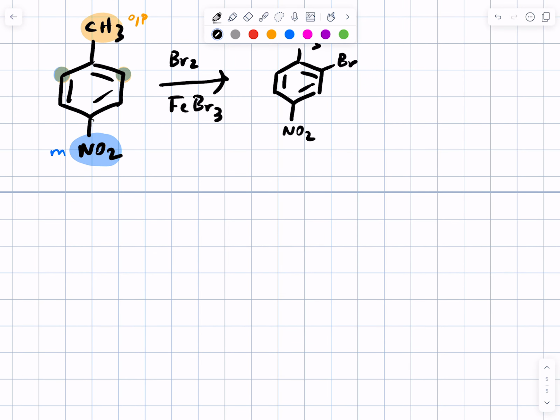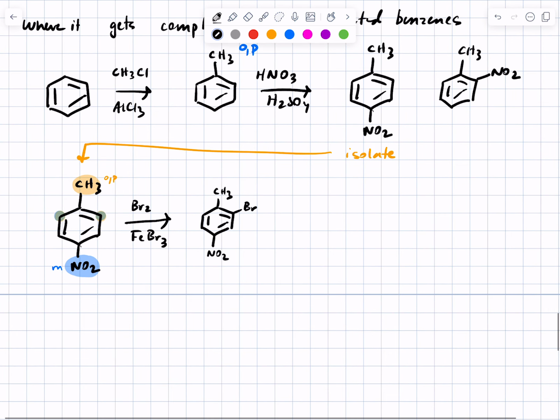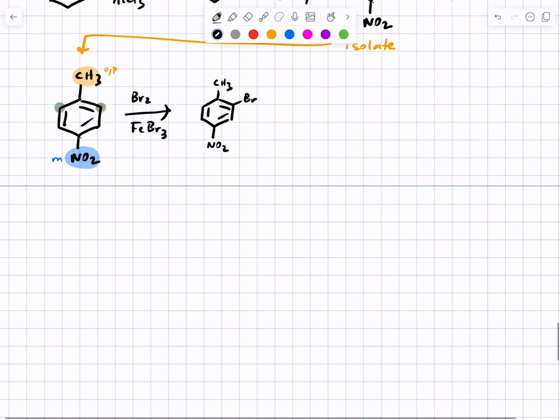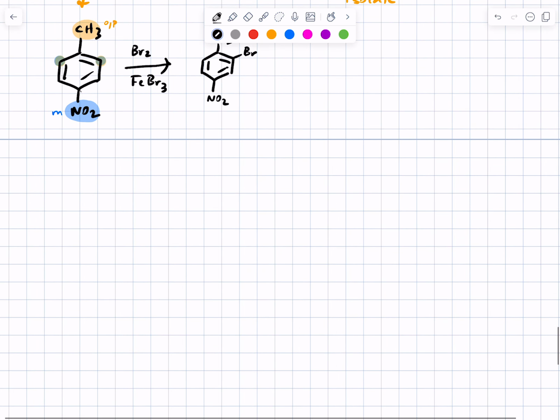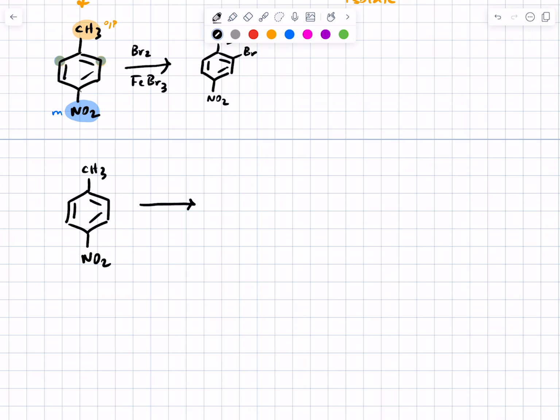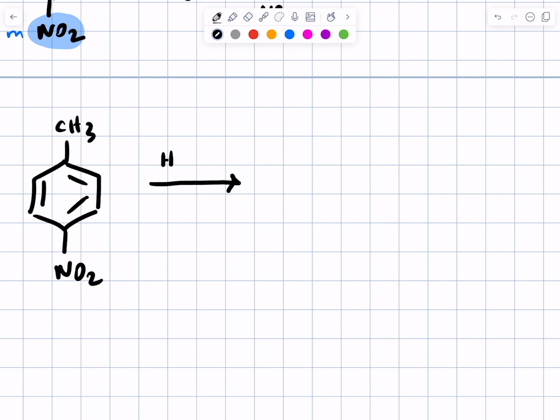Of course, you can envision situations in which the groups might be in conflict. So let's suppose you take this para-nitrotoluene, and for, again, some inexplicable reason, you say, let's actually reduce that to the aniline.